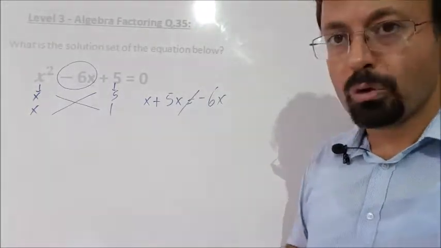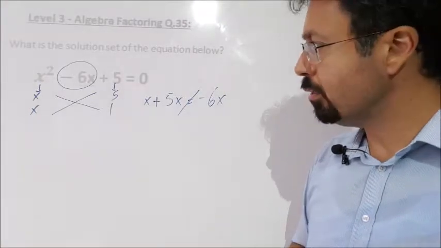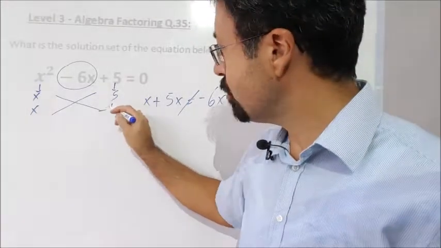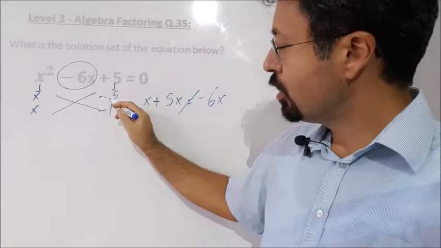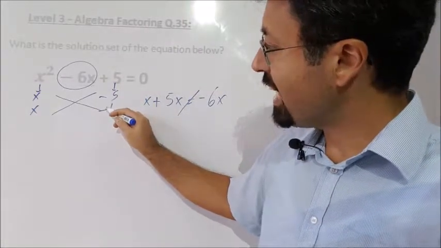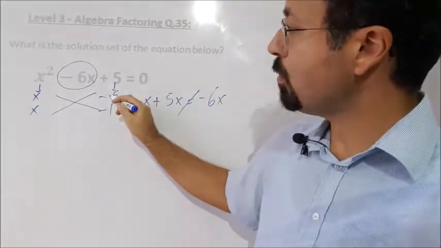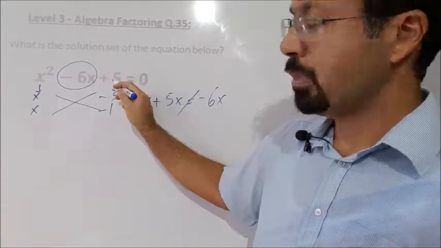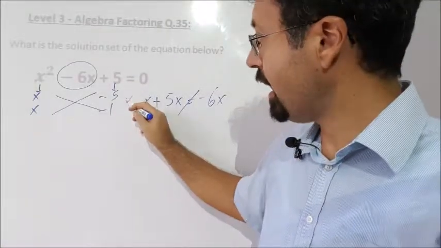So it's not equal. So what do we need to do? Well, change them to minus. The first thing that you have to check is minus 1 times minus 5 makes plus 5. Yes, check.